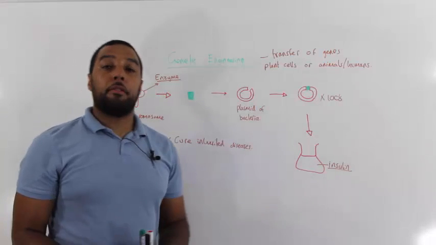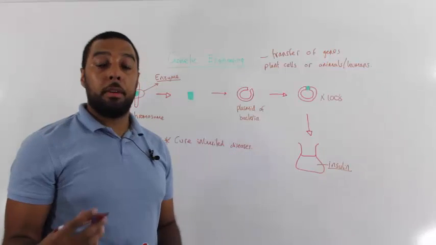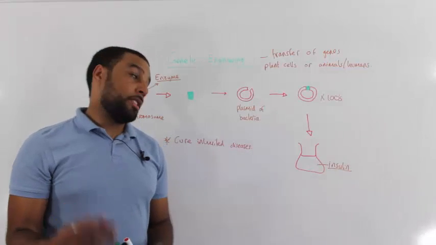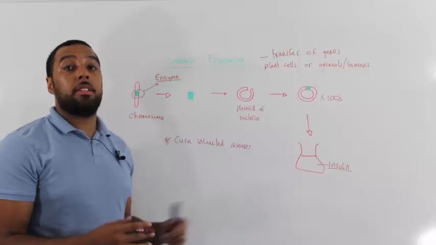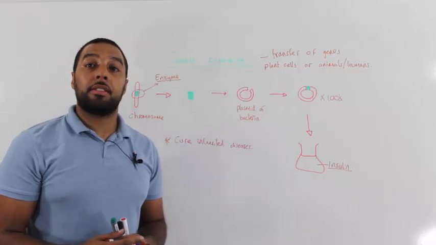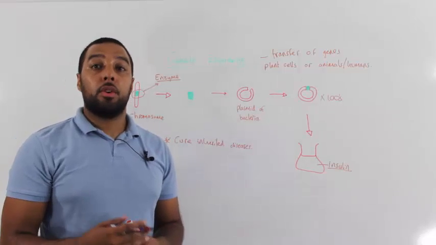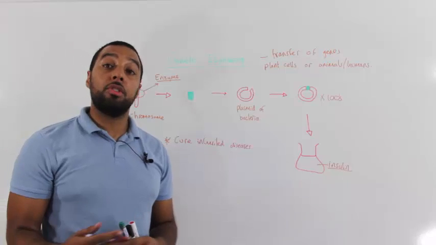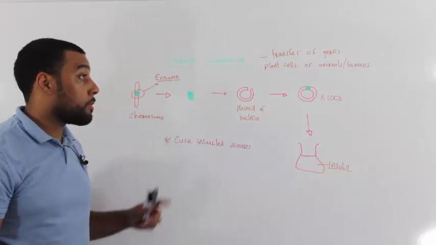We're a long way off from using genetic engineering in humans in this way, but the potential of it is that we could use genetic engineering to cure things like sickle cell or cystic fibrosis or Huntington's disease.